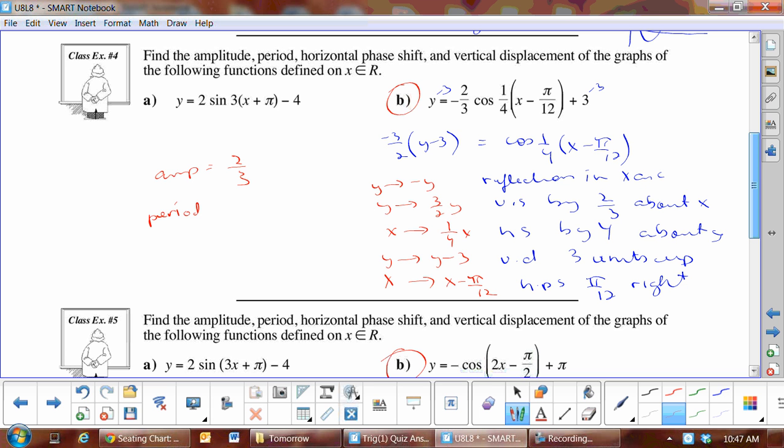Kayla, what's the period? Tell me how to do it. So that's the same thing as 4/1. Do you know what I mix up on these sometimes? I want to divide by pi/12.